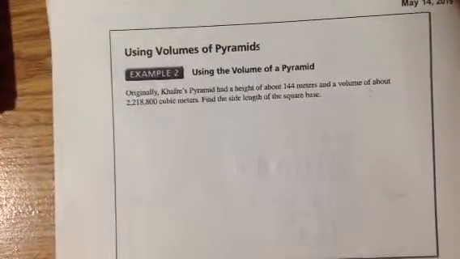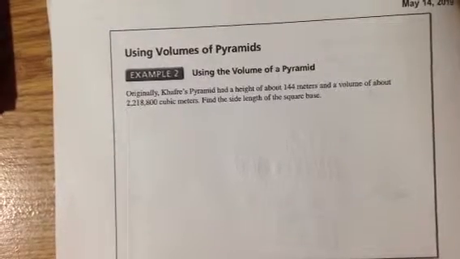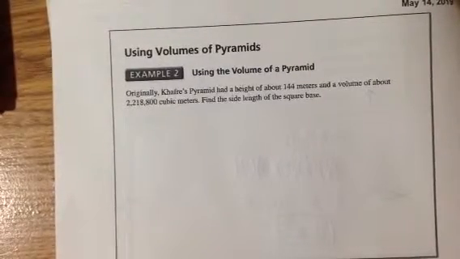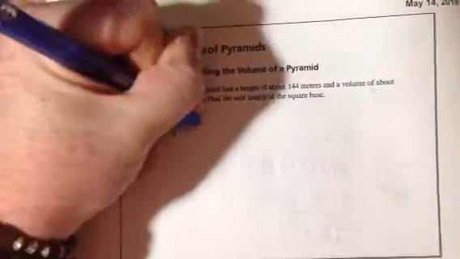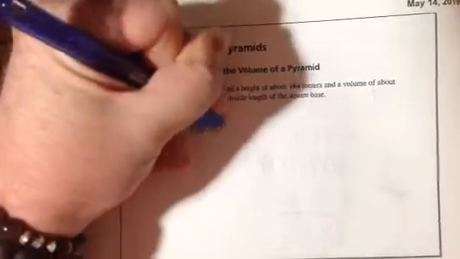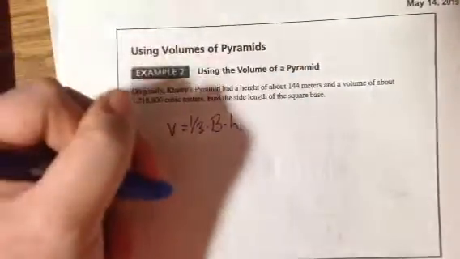Alright, now we're going to use the volume of a pyramid in the application problem. So originally, Kafir's pyramid had a height of about 144 meters and a volume of about 2,218,800 cubic meters. Find the side length of the square base. Alright, so V equals 1 over 3 times the area of the base times the height.